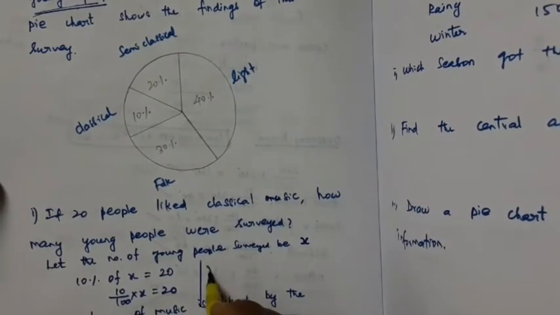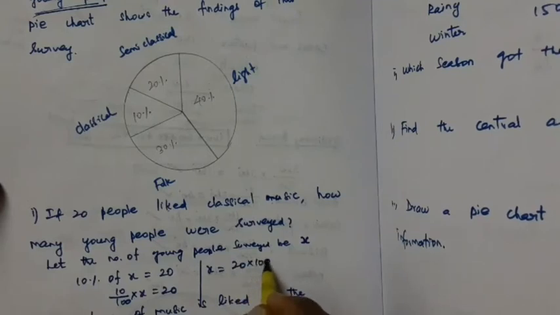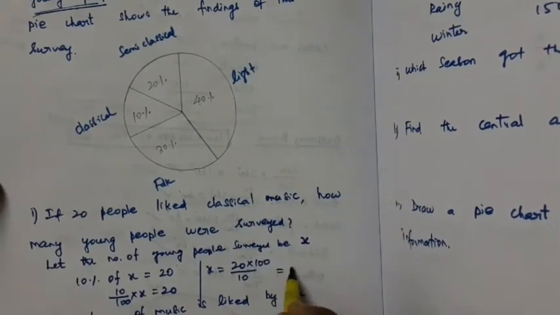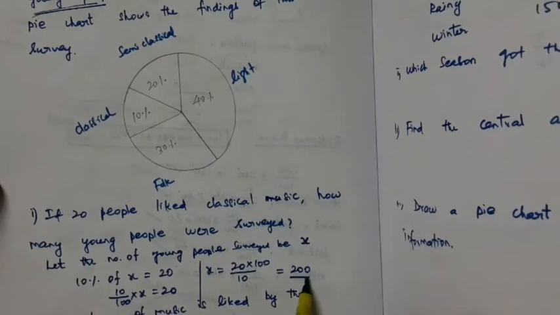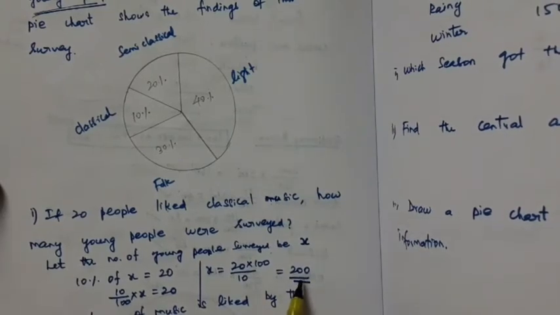So X equals 20 multiplied by 100 divided by 10, that is 200. The total number of young people surveyed is 200.